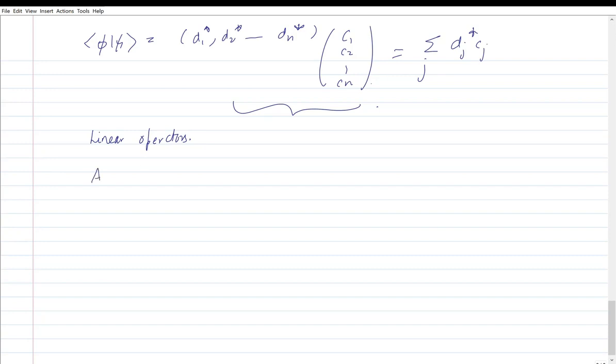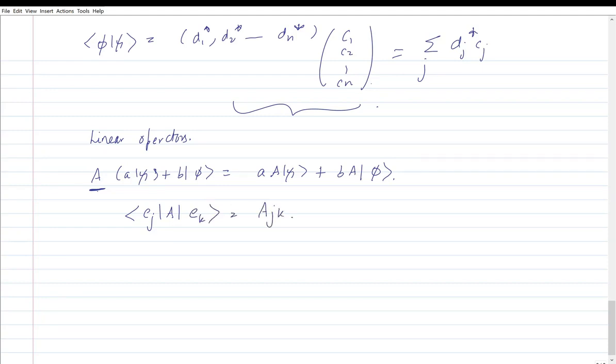So I have a linear operator A, which by definition acts like this, and I can either express it in this abstract notation as a linear operator, or I can have a matrix representation in terms of a basis, where the matrix elements are going to be given by Ajk.